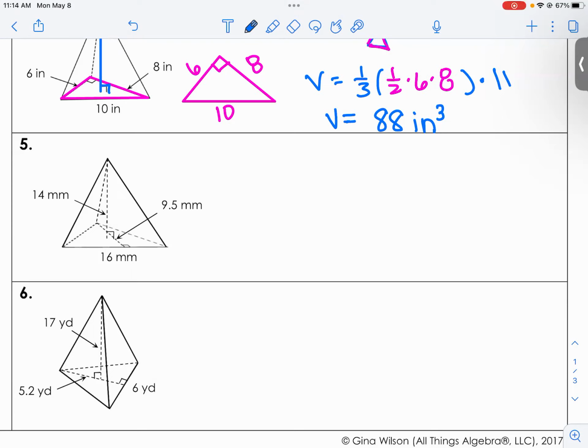Oh, I already hear comparing answers. This is good. 3, 5, 4. Pretty confident.